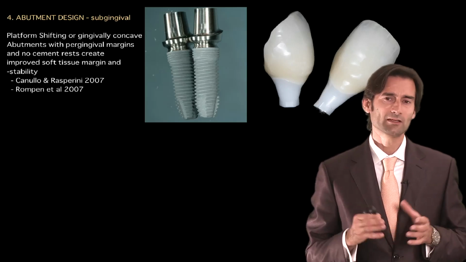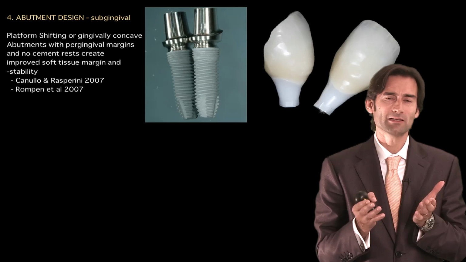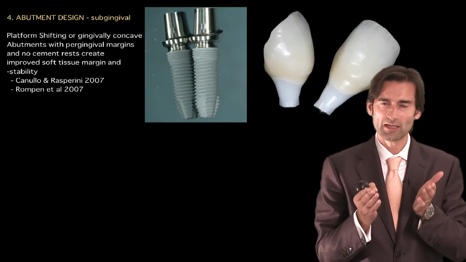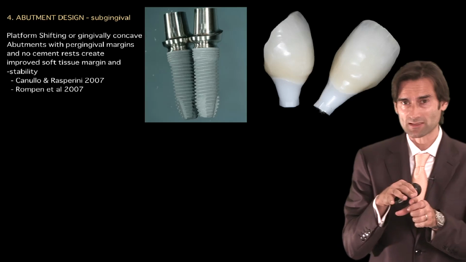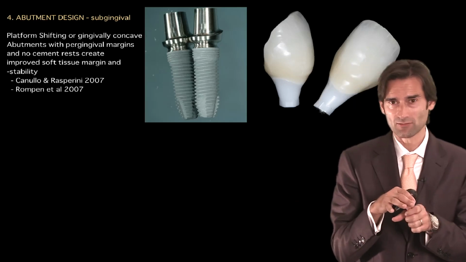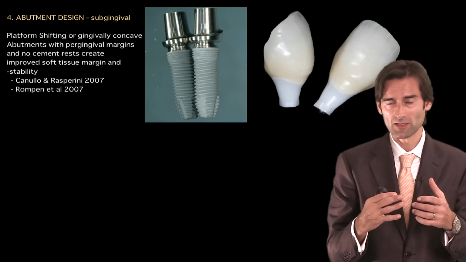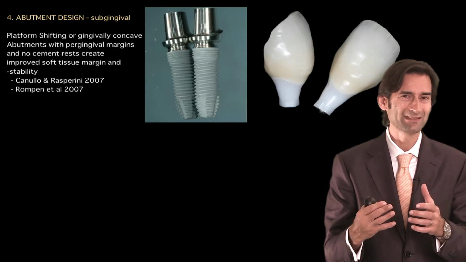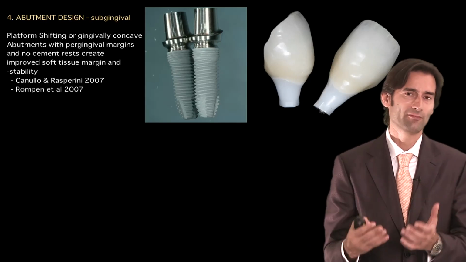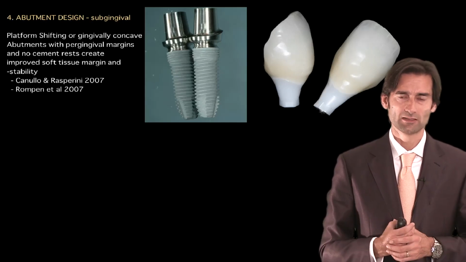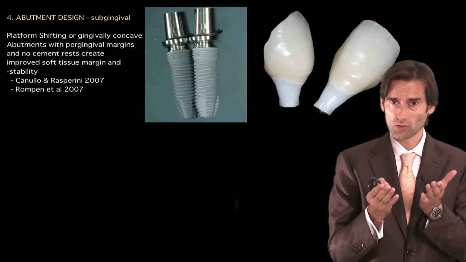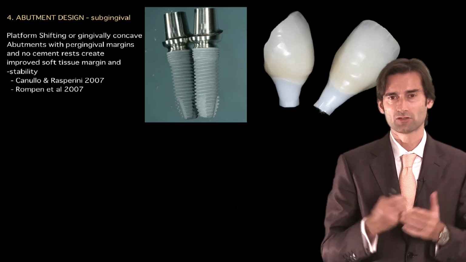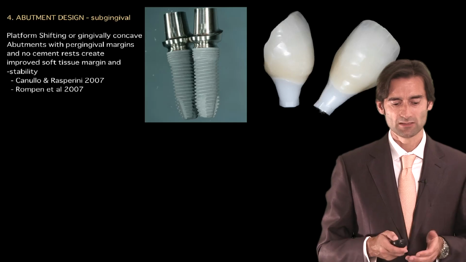Also, we like to bring the shoulder of the abutment higher up. We like to go at gingival level if possible, so there's no potential for cement residue to be left subgingival, because this causes inflammation, it can cause peri-implantitis, and it can cause failure. So that's very important, that the shoulder of the abutment is taken all the way up to the gingival level so it connects there properly. So this is the abutment design.